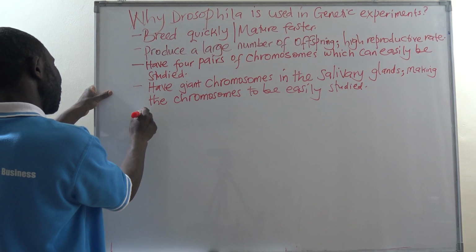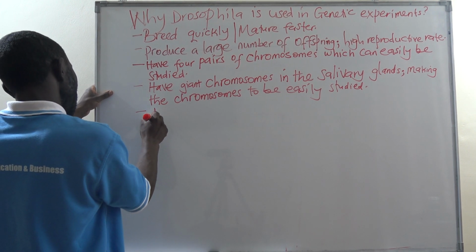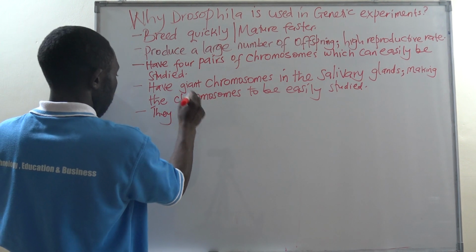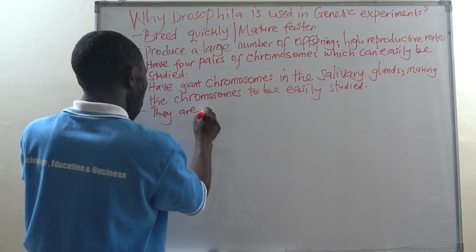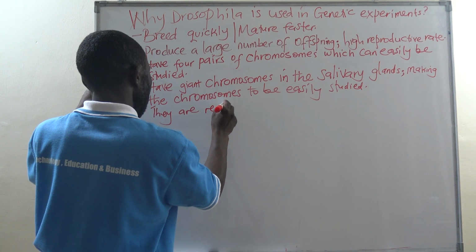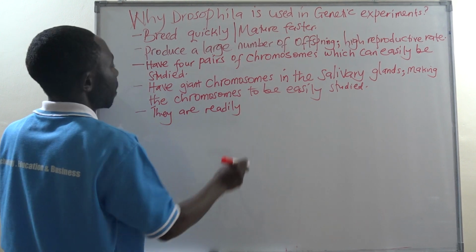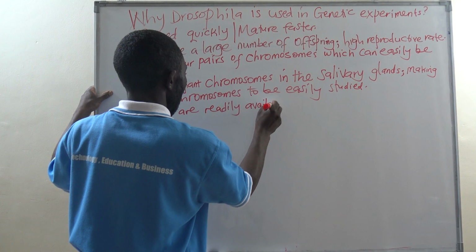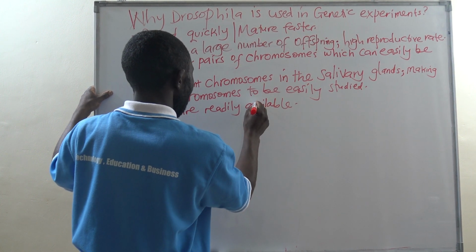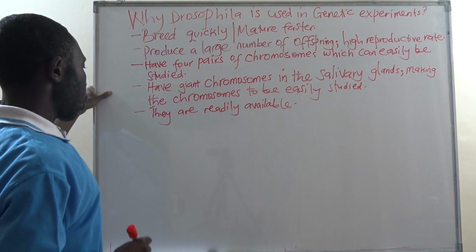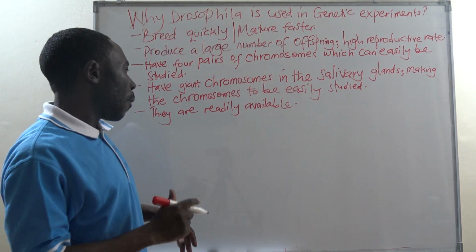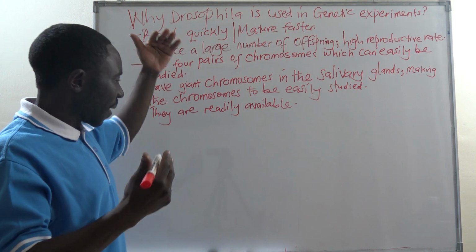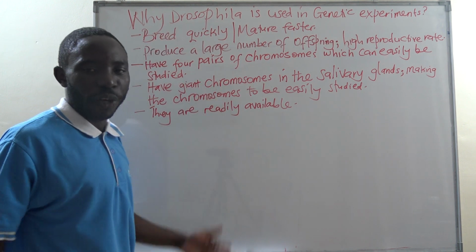Then the other one is that they are readily available. So we can readily get the Drosophila.